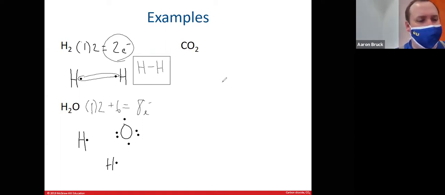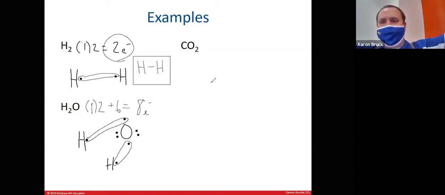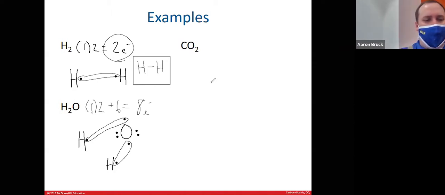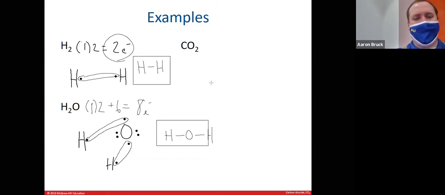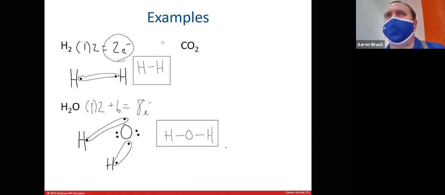Now from this standpoint, I'm going to link together the unpaired electrons going from oxygen out to the other hydrogens. And when I do that, I see that I'm going to form a single bond between oxygen and hydrogen there, and another single bond between oxygen and hydrogen here. So there's my Lewis structure.